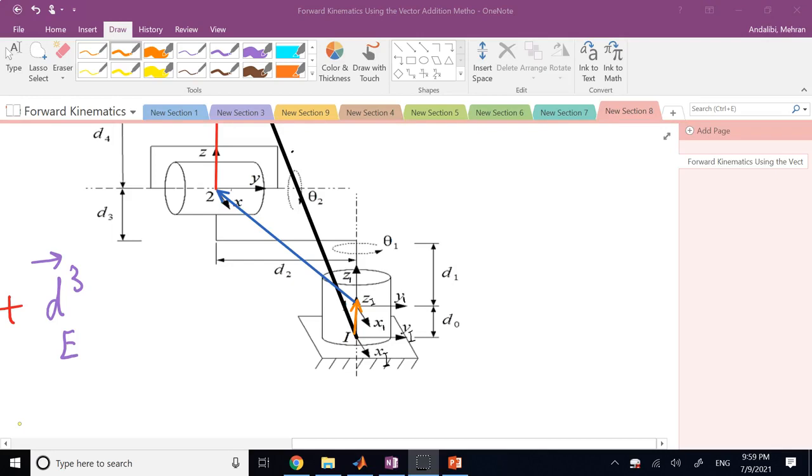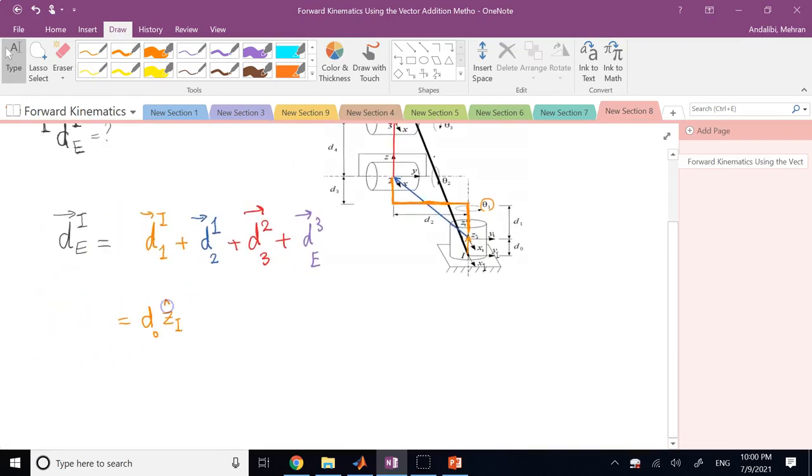But here this frame 1 is physically rigidly attached to this member here, this guy in orange. It has frame 1 rigidly attached to it. So frame 1 is rotating with that member with angle theta 1 about the I frame. So frame 1 does rotate. And it is d0 units in the zi direction. Good. So that first one is rather clear.